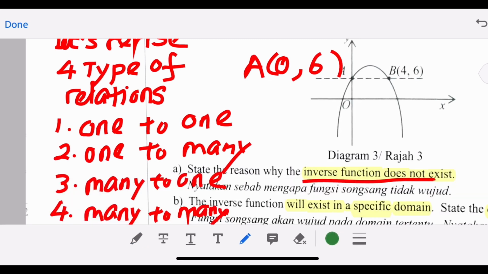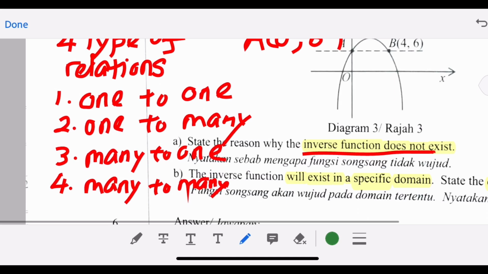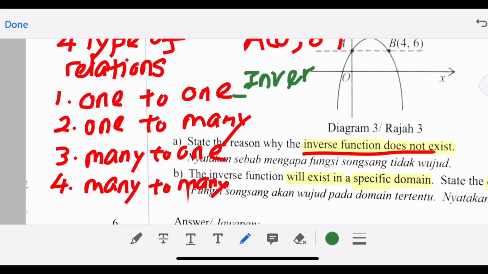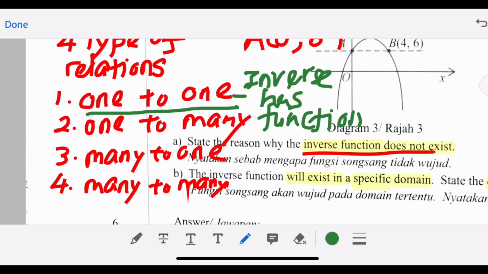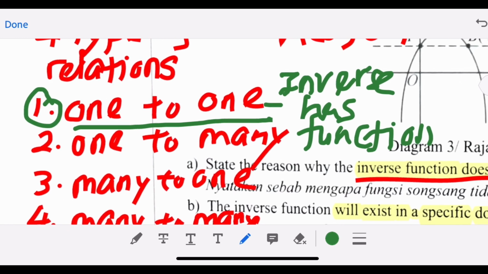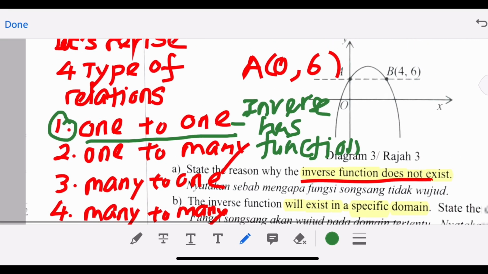Still remember the horizontal line test for Form 4 KBSM students? So for one-to-one, the inverse exists. You must know that the inverse function only exists for one-to-one relation.